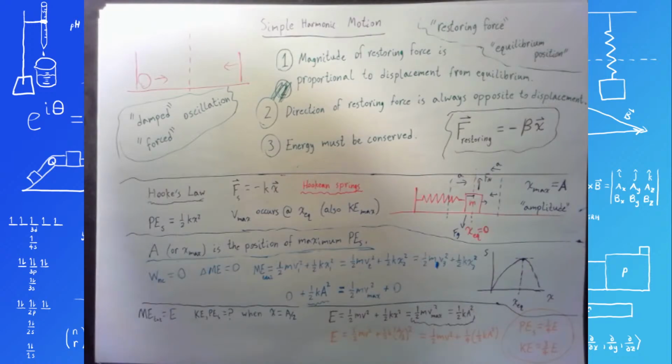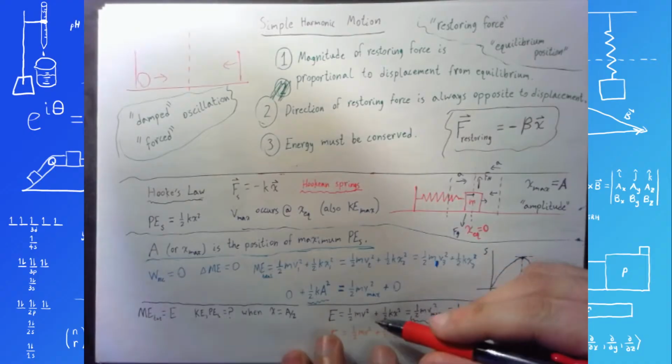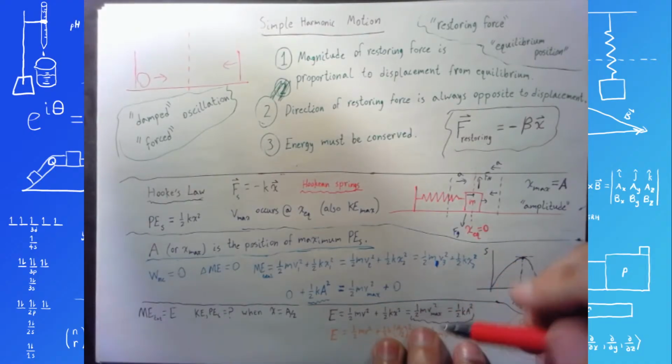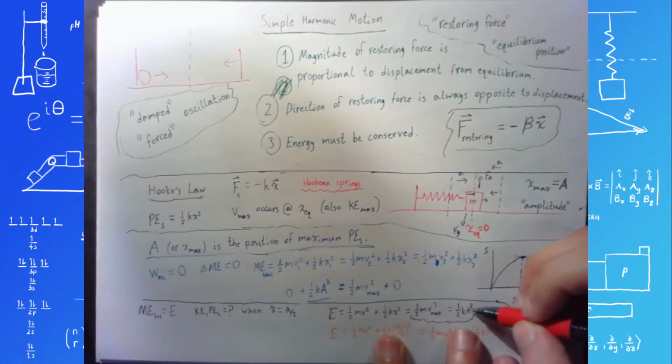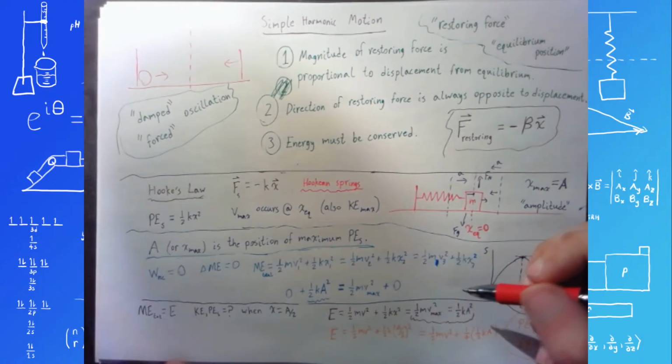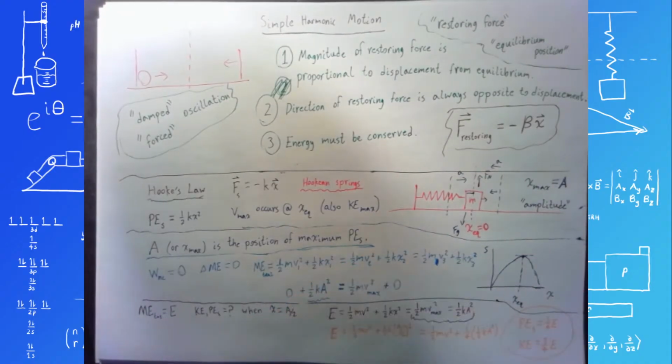So here's what we can do. Again, take advantage of the fact that the total mechanical energy can be rewritten as 1/2 mv max squared or 1/2 Ka squared. I think I'm just going to use 1/2 Ka squared here, since they were asking for a displacement. For what value of the displacement does the kinetic energy equal the potential energy?